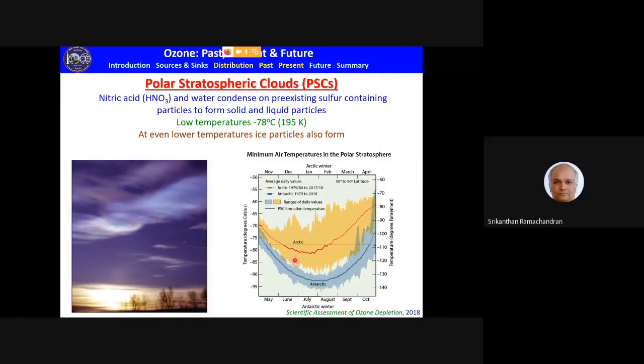You can see that in the Antarctic, the temperatures are lower than minus 78 degrees centigrade for more than 6 months in a year, while in the Arctic it is not that long. It lasts for only about 2 months. This also gives rise to the variation in ozone depletion in the northern and southern poles. We will see that in a few minutes from now.